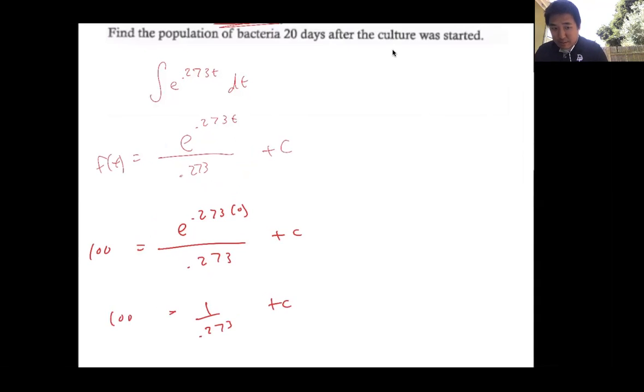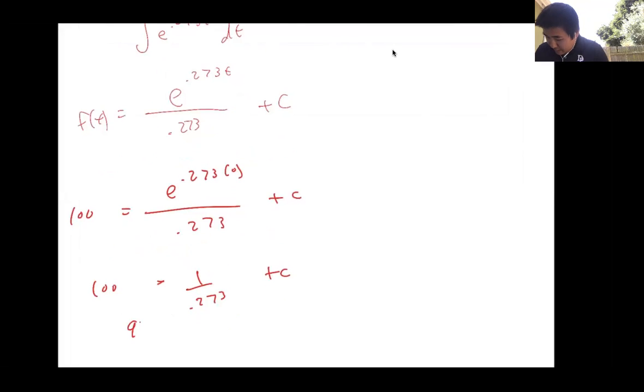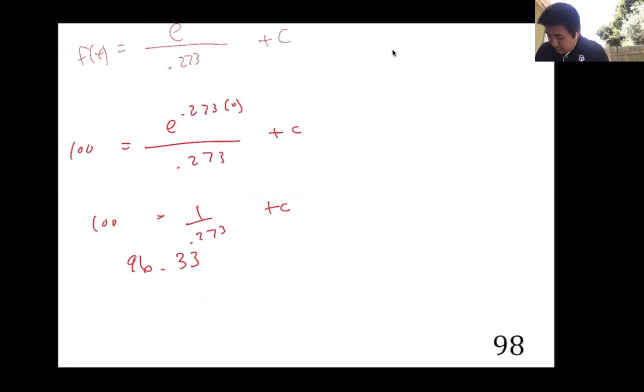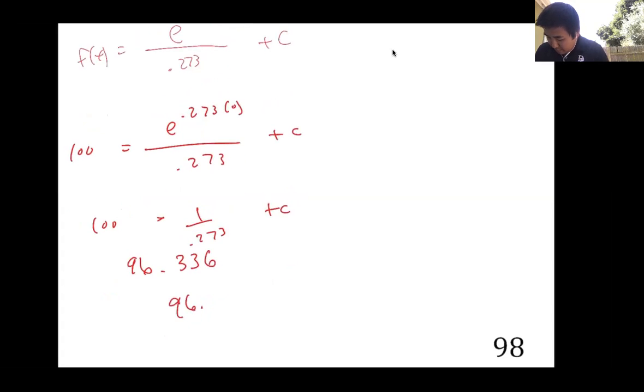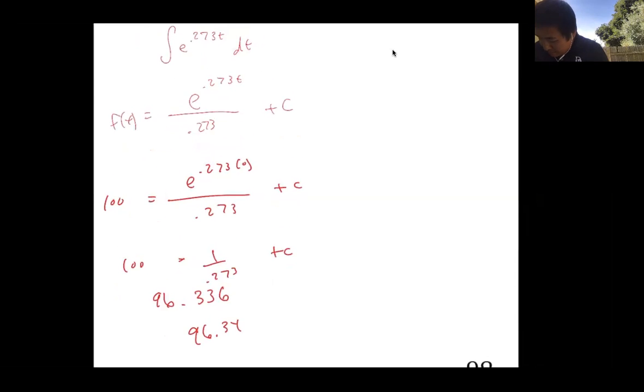I know you can't see this, but I'm going to do 100 minus 1 divided by 0.273, which is 96.336, so 96.34. So your equation is e to the 0.273t over 0.273 plus 96.34 equals f of x.